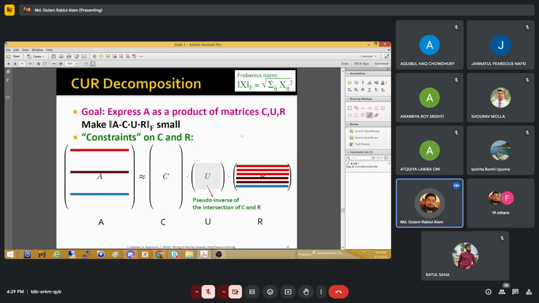Then what's the fact here? In SVD specifically, there are some limitations. The first limitation is about explainability, because in SVD the data set is transformed into a new dimensional space, and in that space we lose the original column names, or feature names.